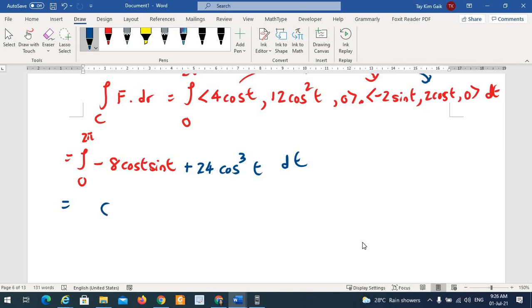Quickly you get the answer 0. Okay, this is how to evaluate the line integral.